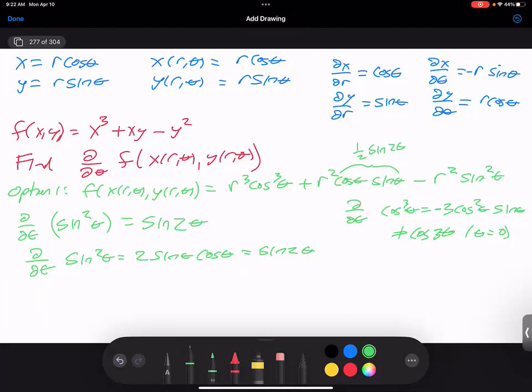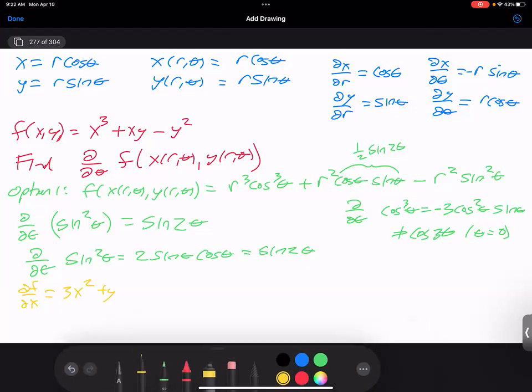Okay, what if I try to calculate df dx? What's df dx? 3x squared plus y.